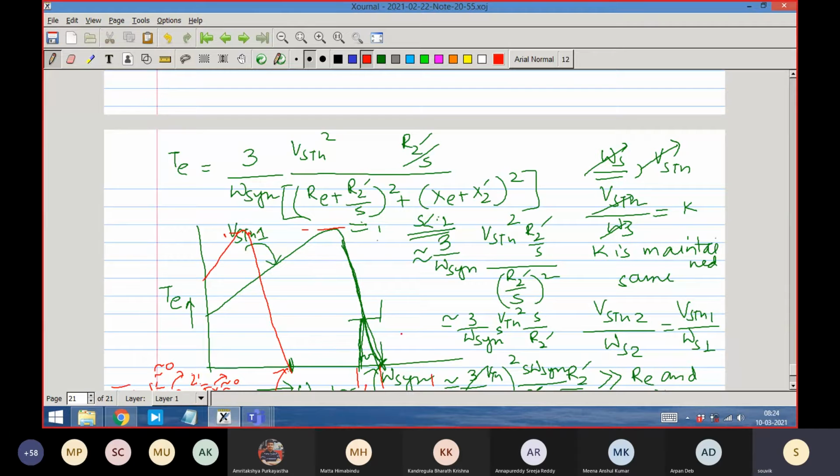This will be the characteristics, and this one, at the same torque level, this one is equal to S2 omega sin 2. This is the slip frequency that must be equal to the earlier S1 omega sin 1.